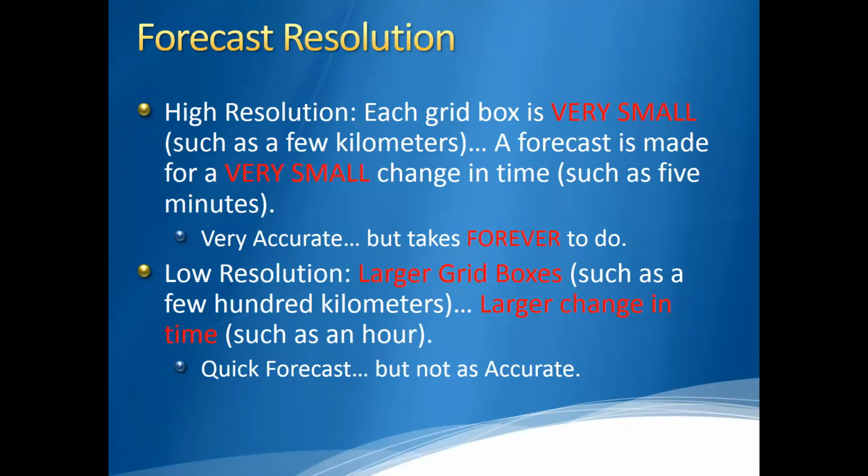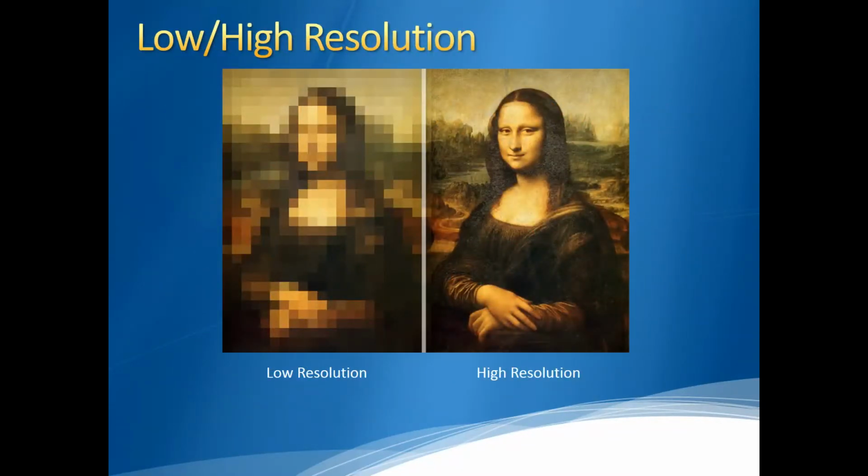So you get a big difference over a small distance. And so these higher resolution models give you better detail and better accuracy, but again, they take forever to do. A good visual example of this is to compare a low resolution image of the Mona Lisa, where every grid box is given an average color, and the grid boxes are very large.